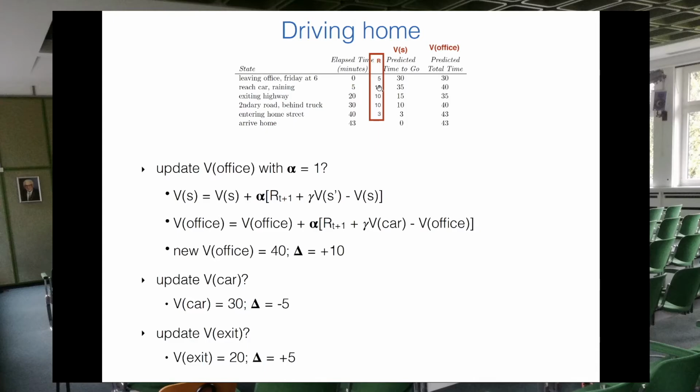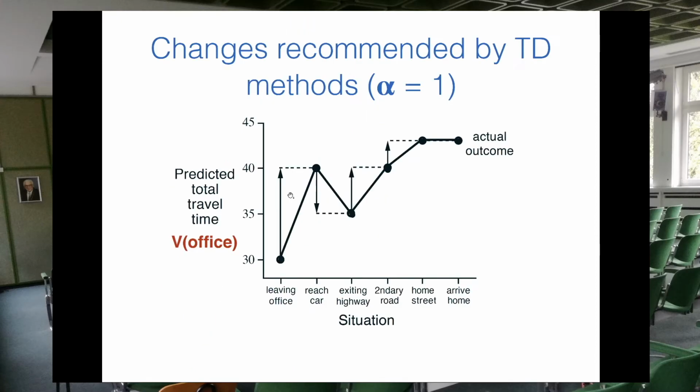The reward is going to be 15, and the next value is going to be 15. So we will have here 15 minus 35, sorry, that's going to be minus 20, and minus 20 plus 15, that's minus 5.